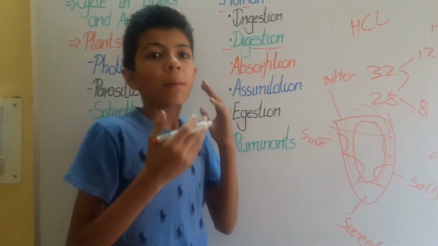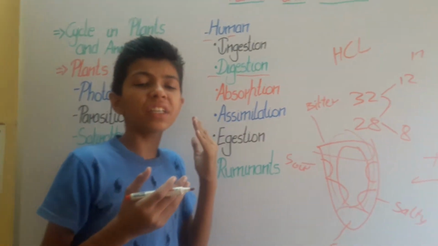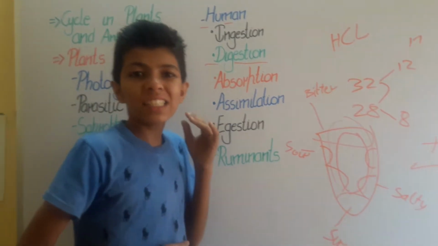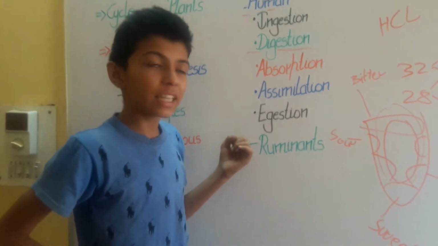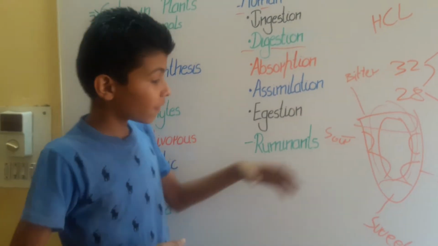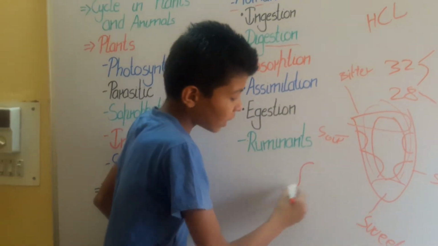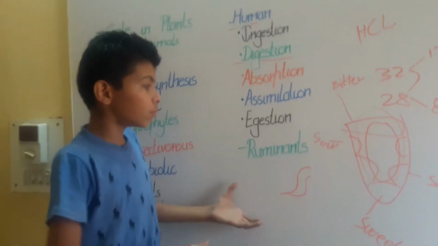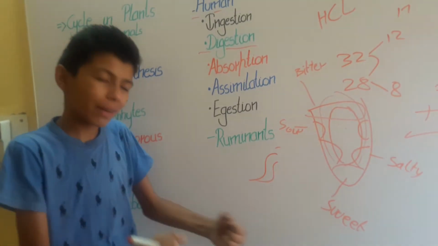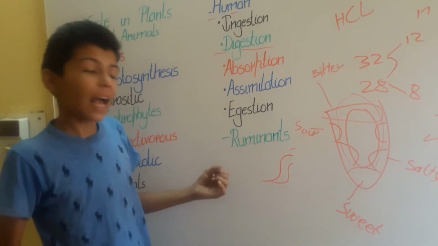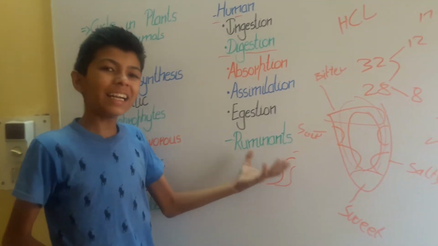The carbohydrate digestion is in the mouth, proteins in our stomach, and the fats in our small intestine. These are all in the alimentary tract. Then the pancreatic juice helps us in the digestion of the whole properly. Then it is held in the small intestine.